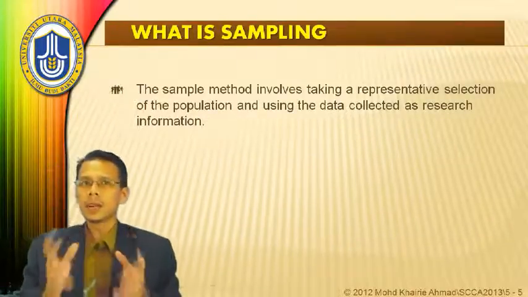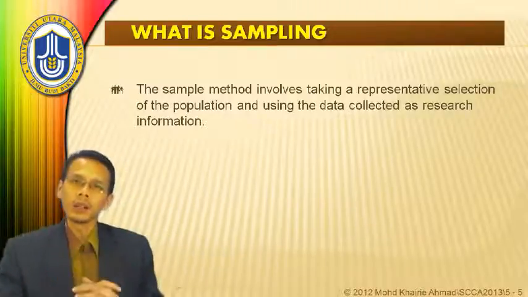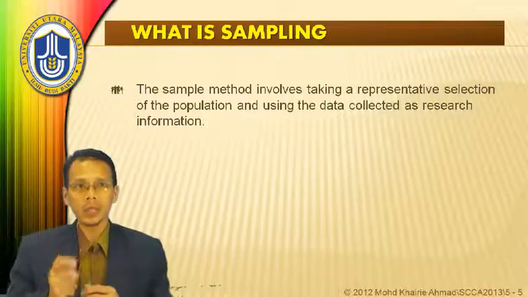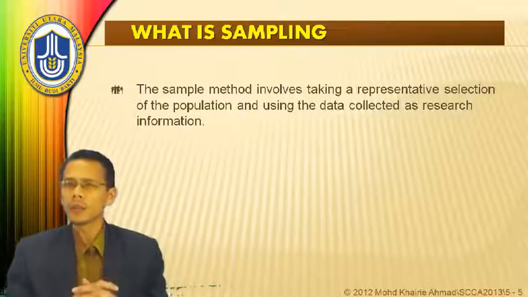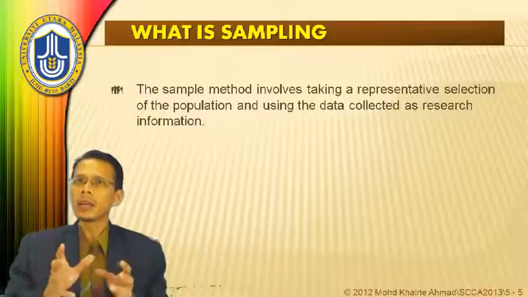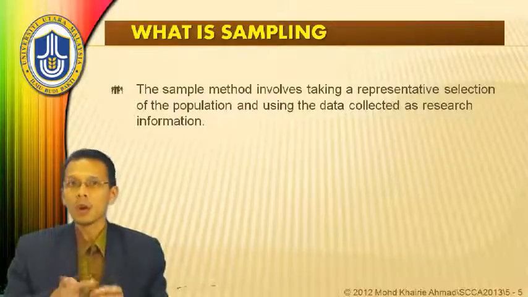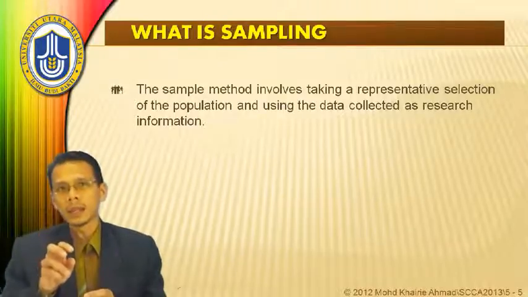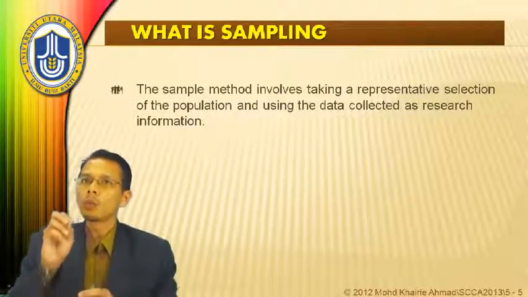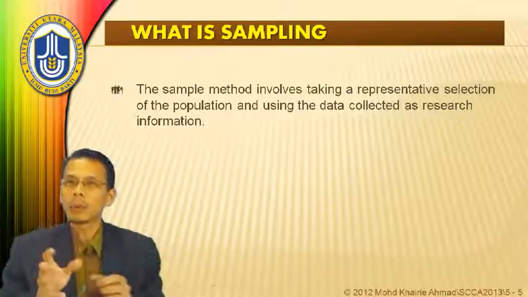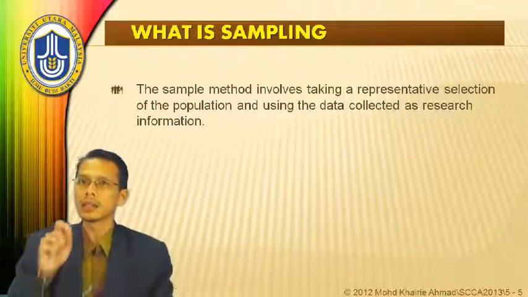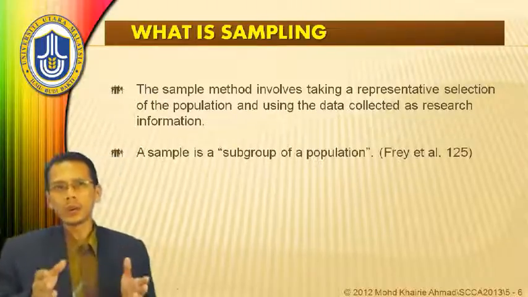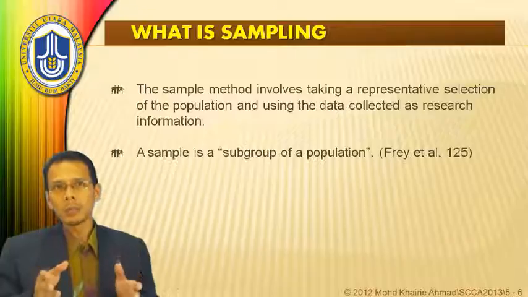Well, sampling, according to most scholars, is a process that involves taking or making a representative selection from the population. And sampling most probably will be our group of people that we're going to collect the data from. And according to Frey, what does sampling mean?